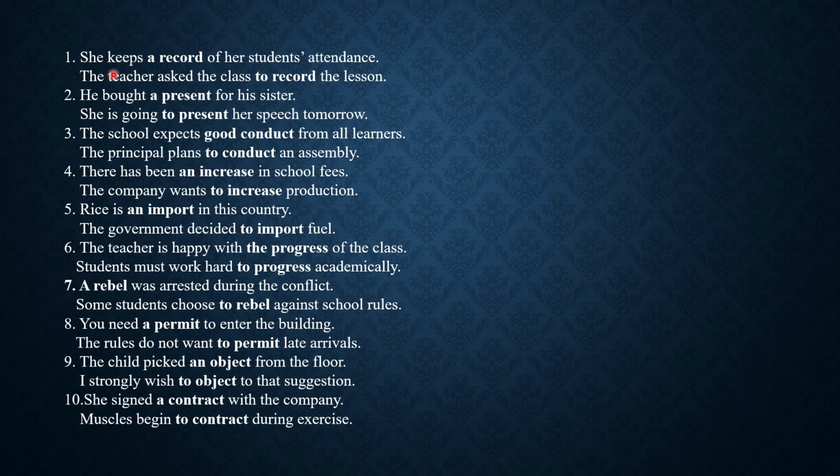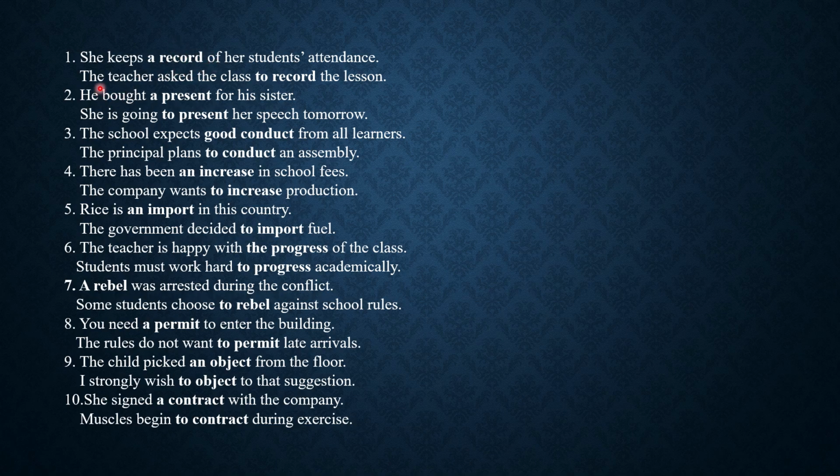Number 1, she keeps a record of her students' attendance. A record in this first sentence is used as a noun, and that is why you can easily see that it has the indefinite article a attached to it.